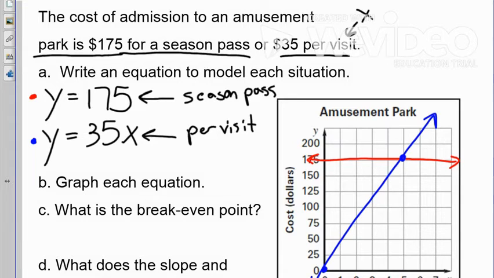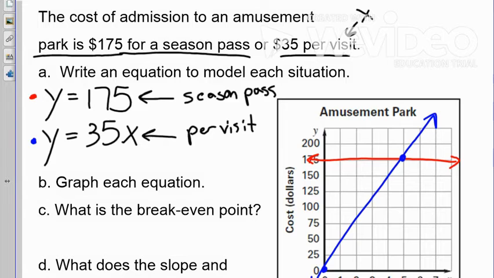And then part C, coincidentally enough, asks us what is the breaking point or break-even point, which means when is my season pass basically making its money? Like when have I gone enough times to where I have made my investment actually worthwhile here?